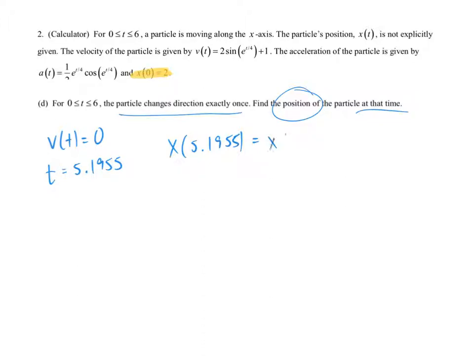So I'm going to start here with x of 0 and then add the integral of the velocity. And my bounds are going to be 0 on the bottom, since that was my given initial condition. And my upper bound will be where I want to find the position, which is 5.1955. Okay, obviously that writing didn't really work out for me right there, so let me just scratch that out and put 5.1955.